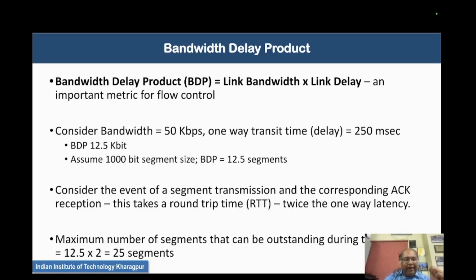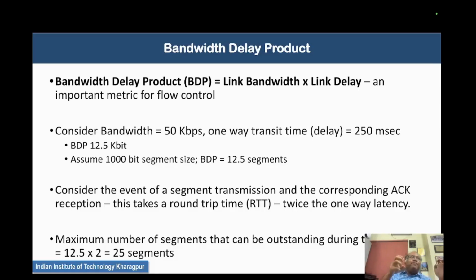Now, how does it impact? If you consider the event of a segment transmission and the corresponding acknowledgement reception, this will take one round trip time, that is twice the one-way latency. If a sender is going to send some data on the channel, at the other end the receiver is there to accept that data. At any point of time, the maximum number of segments that can be outstanding is equal to twice the BDP, that means 25 segments.